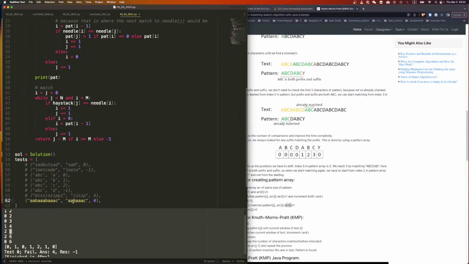That's matching. Then needle 1 is this. This is how many is matching previously. And now these two are the same, right?